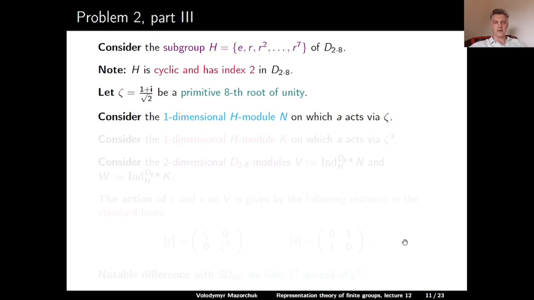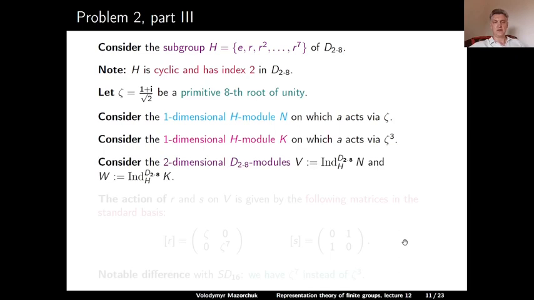The module N, on which the generator R acts as zeta, and the module K, on which the generator R acts as zeta to the power 3. So we take these two different one-dimensional H modules, and we induce them up to D2 times 8.